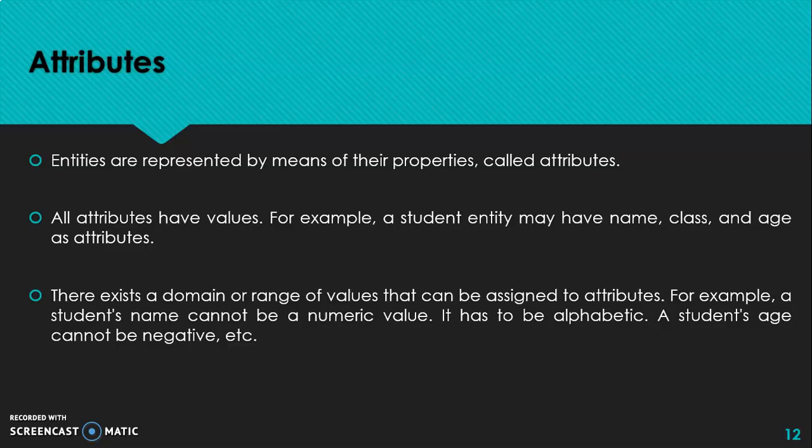For example, a student name cannot be a numeric value. So there is a domain that supports a particular attribute; it can be alphabetic. Again, a student age cannot be negative. So for the age attribute, the domain can be any positive value.